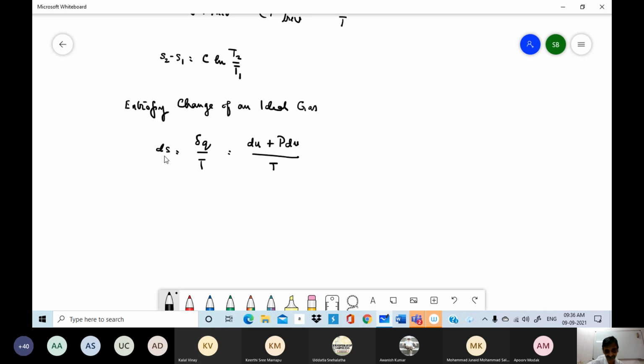So once again, since I'm calculating change in specific entropy, I have to take change in specific internal energy and pressure times change in specific volume. So the u and the v are lowercase.